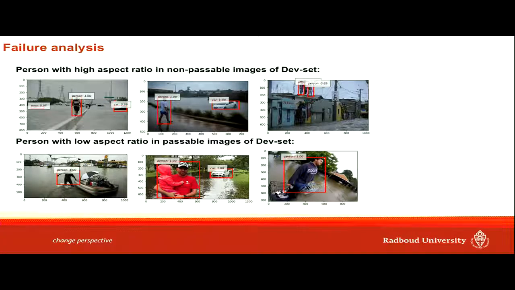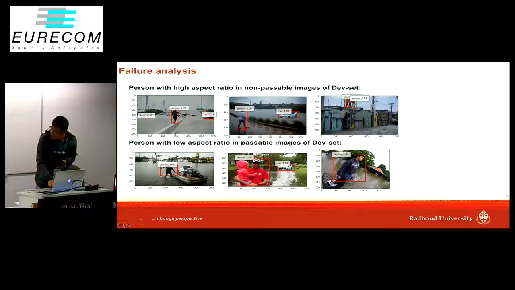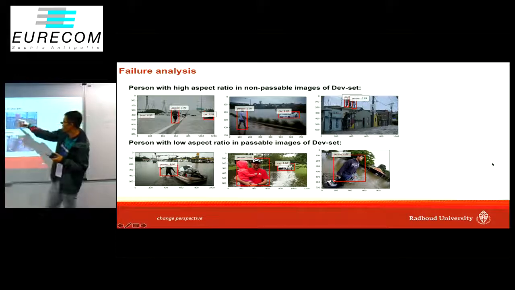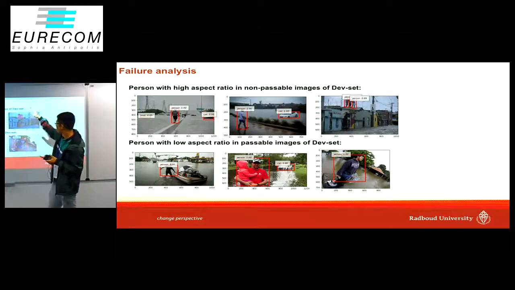Here are some failure examples for our pre-filtering method. We can see that even for the non-passable images, we can get some concepts with very high aspect ratios, because people are not inside the water.